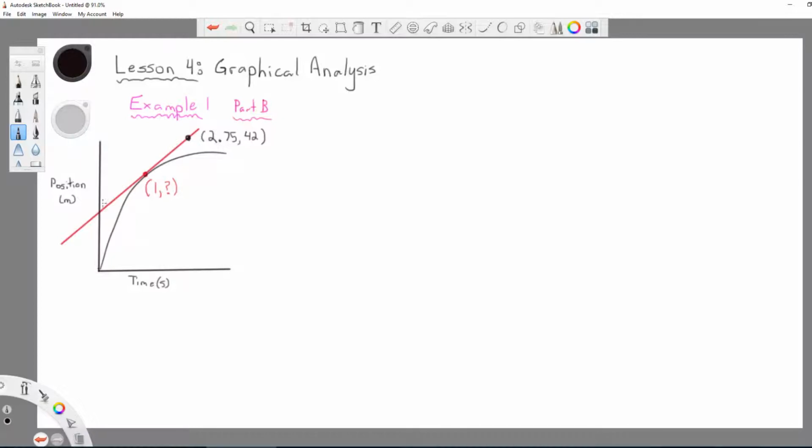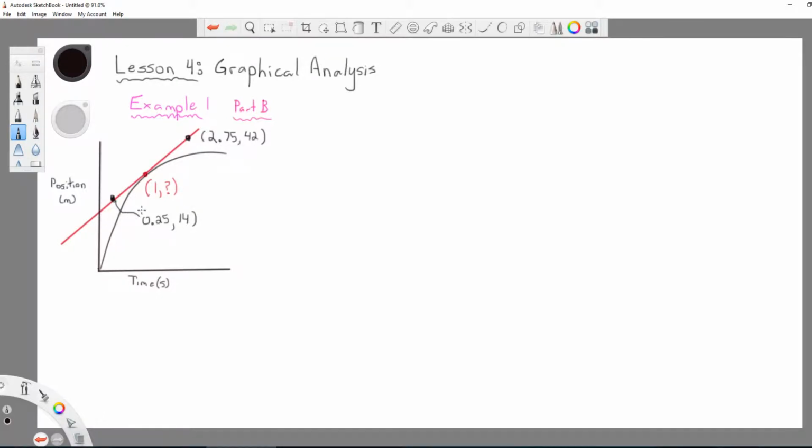Excellent. And down here, I chose some point right about here, and for that value, I got 0.25 and 14.